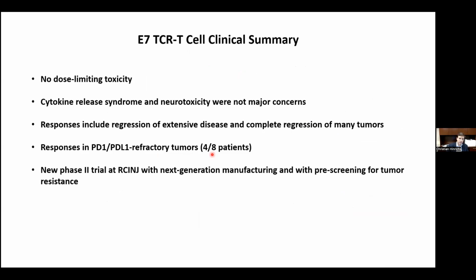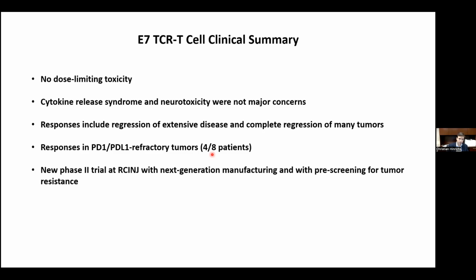Responses include a regression of extensive disease, a complete regression of many tumors, and we saw responses in PD-1 and PD-L1 refractory tumors. This is 4 of 8 patients. So it's remarkable that with this approach you can mediate really fairly dramatic tumor responses after what would be considered the most effective available T-cell based treatments.